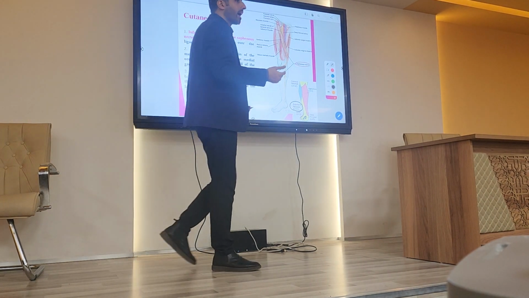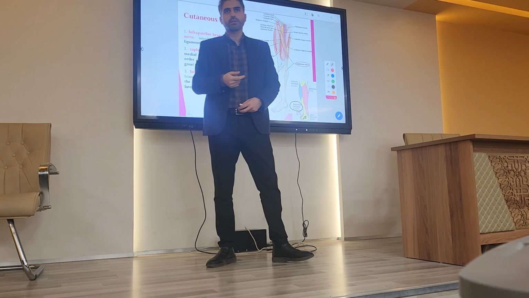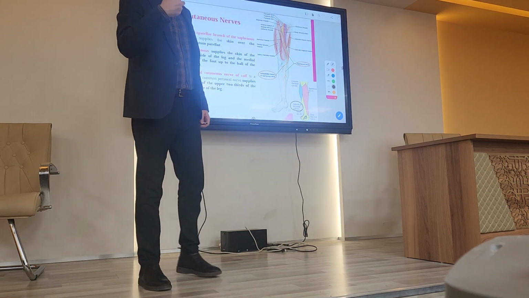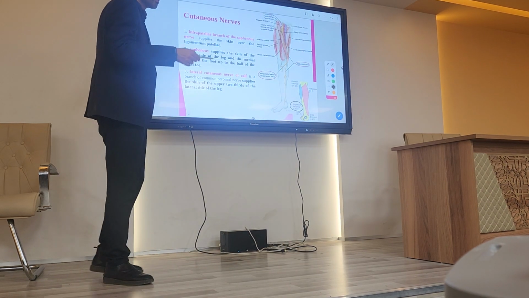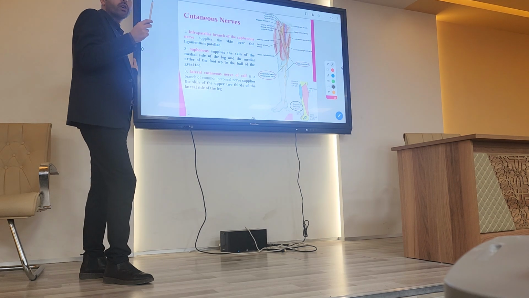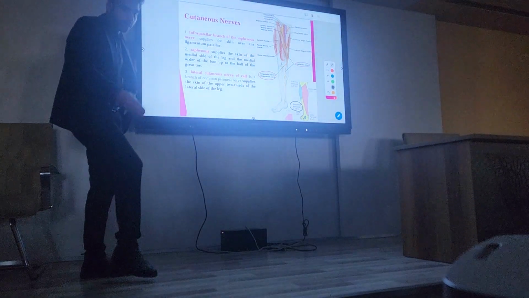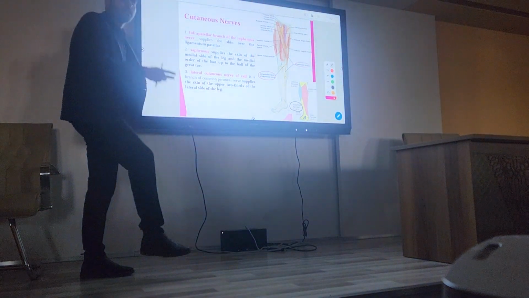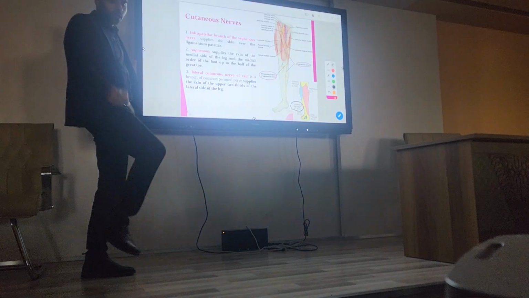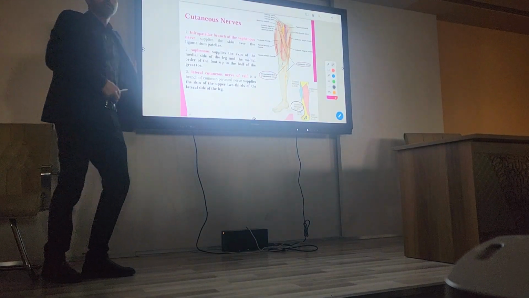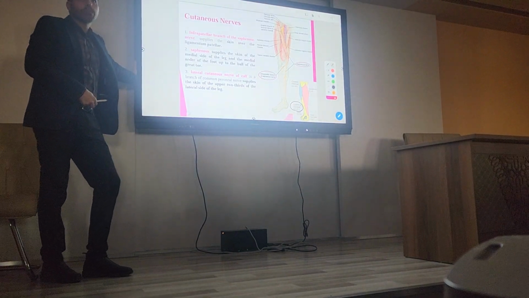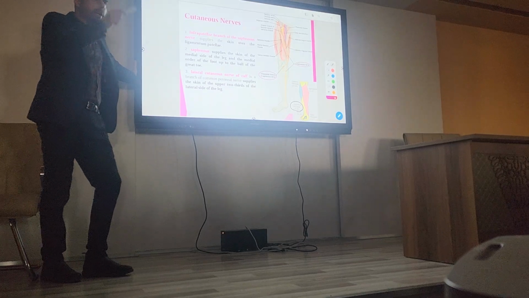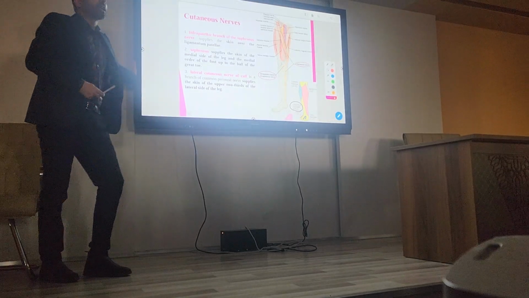Superficial fibular and deep fibular nerves. So here you have a difference. Superficial fibular and deep fibular, I told you, they are branches of common fibular. Superficial fibular for the lateral side of the leg, deep fibular nerve for the anterior side of the leg.